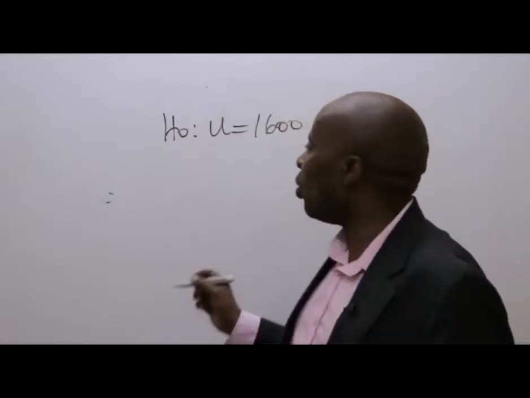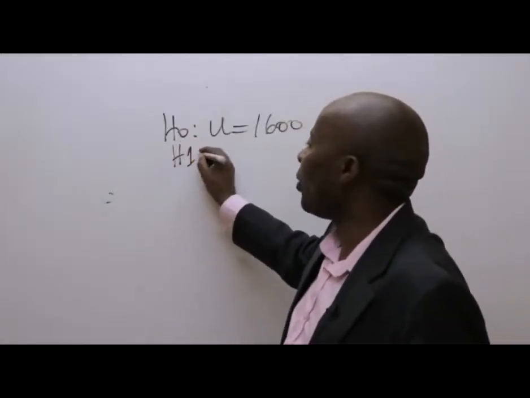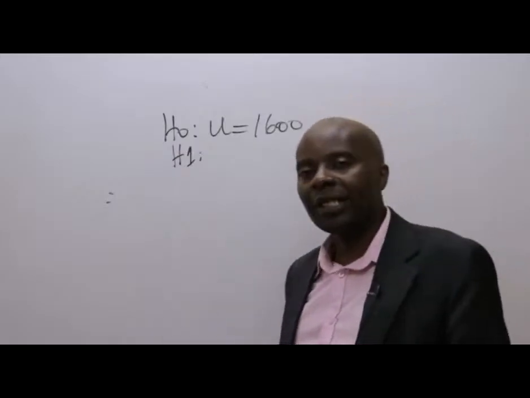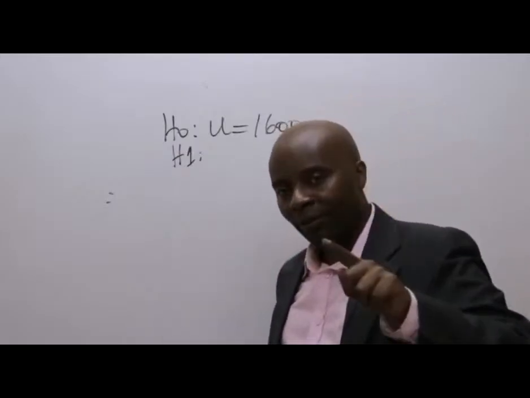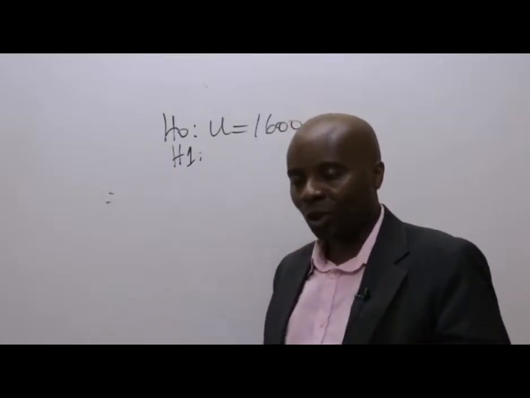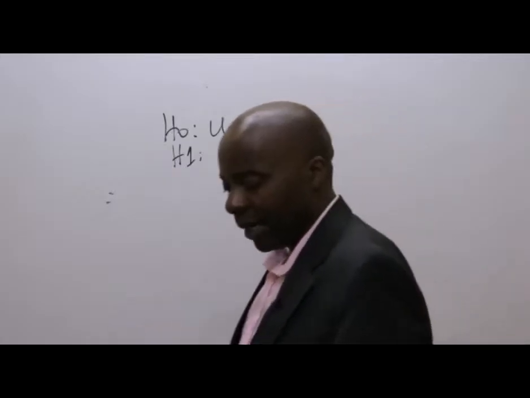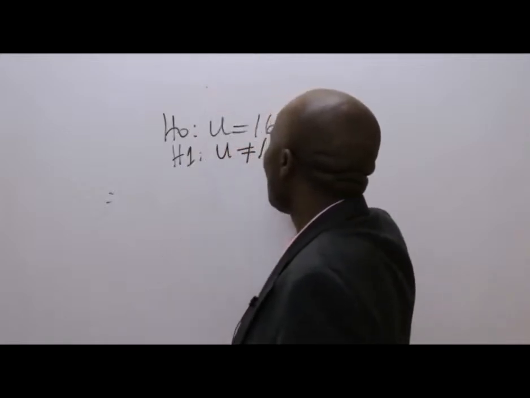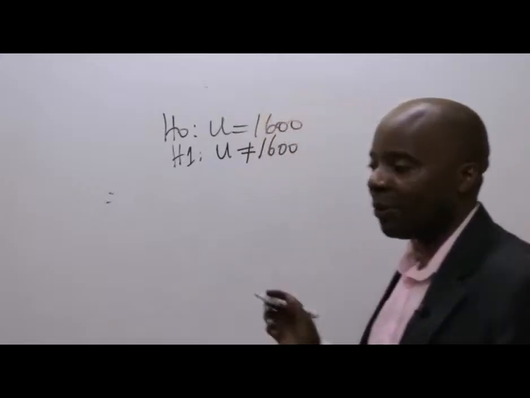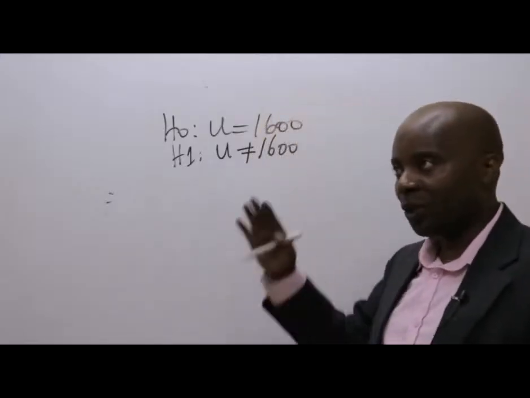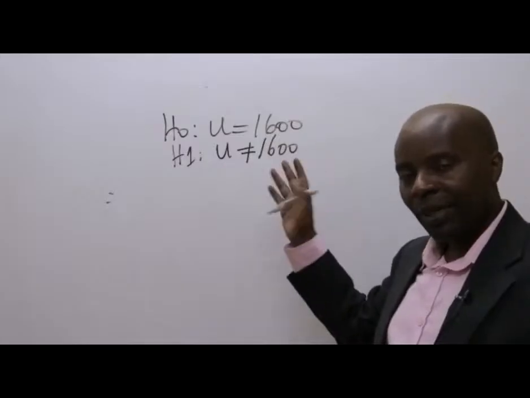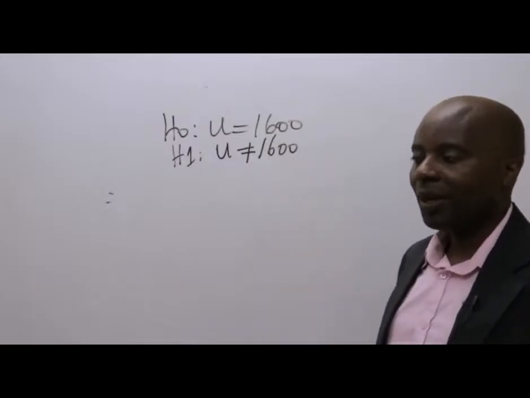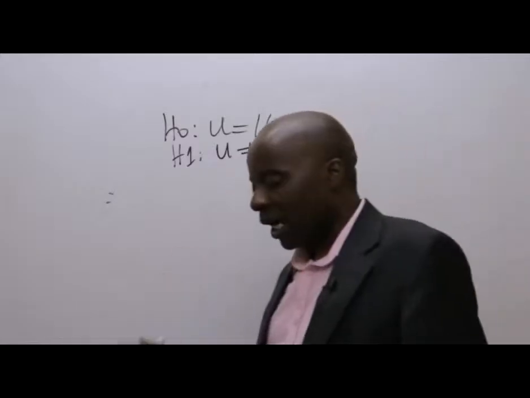Some of the bulbs will take longer, others will take shorter. So my alternative claim will be U is not equal to 1,600. Why? Because I appreciate that some bulbs will take more time and the other bulbs will take less time. So this is my alternative hypothesis.